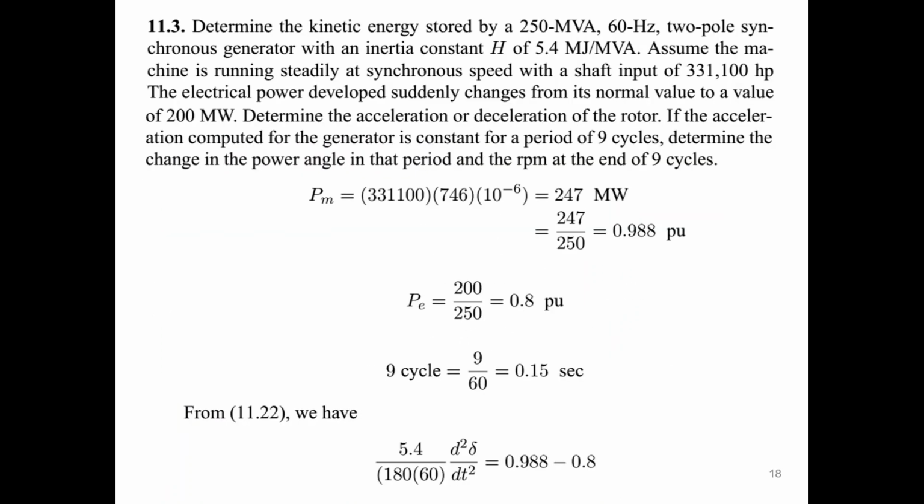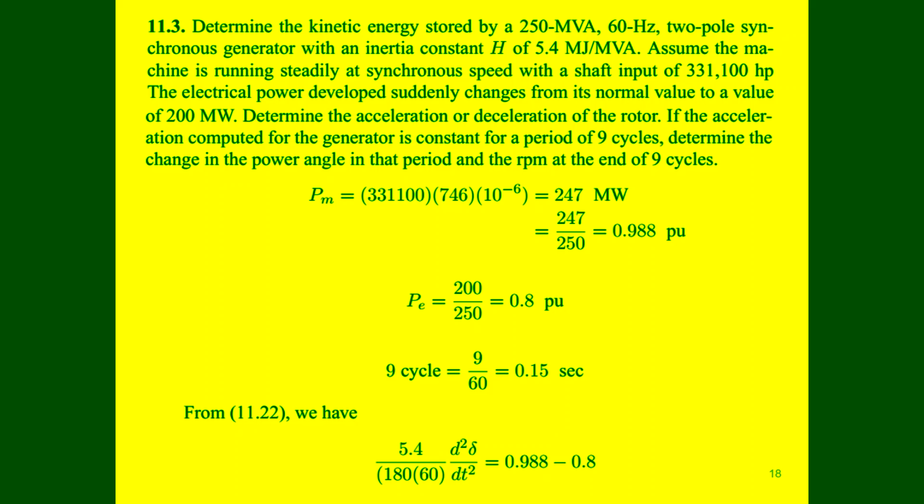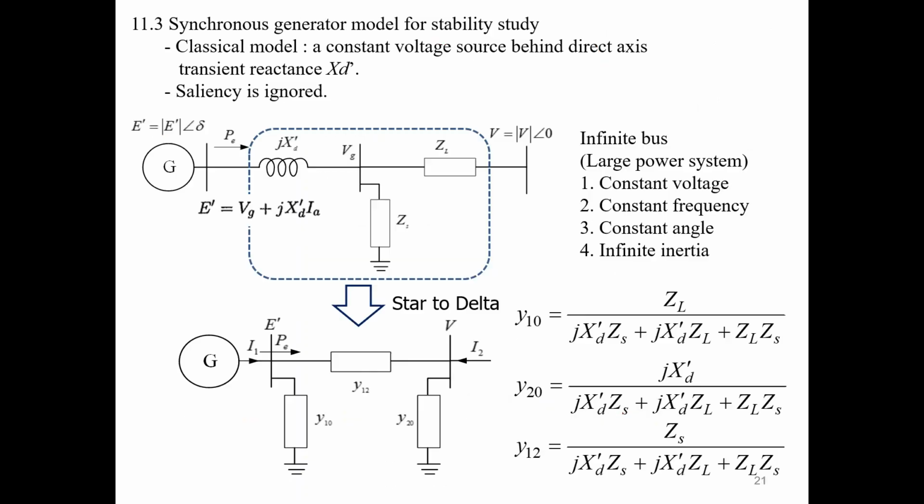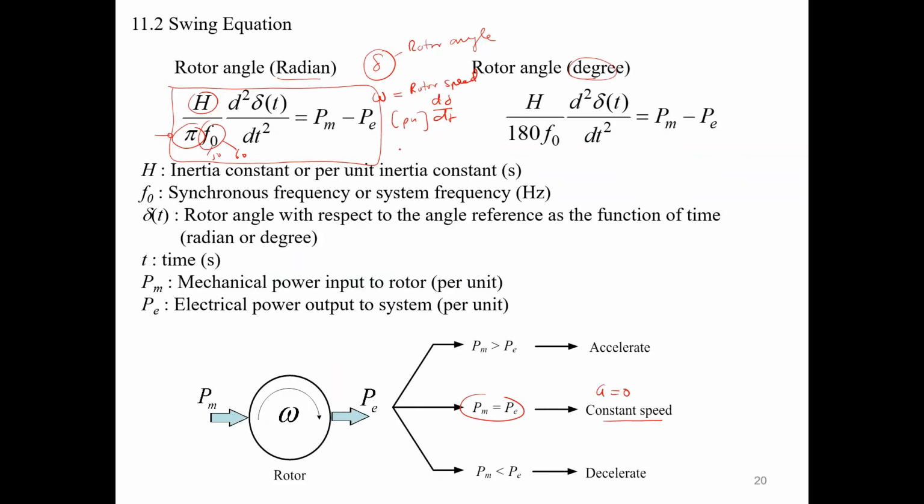The disturbance was that we reduced the electrical power output from the nominal value to 200, for example. So the disturbance is here in Pe.